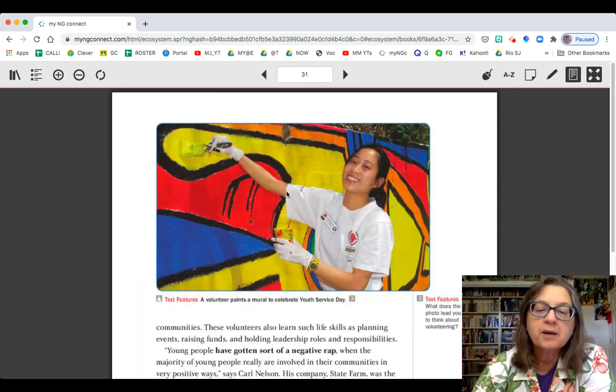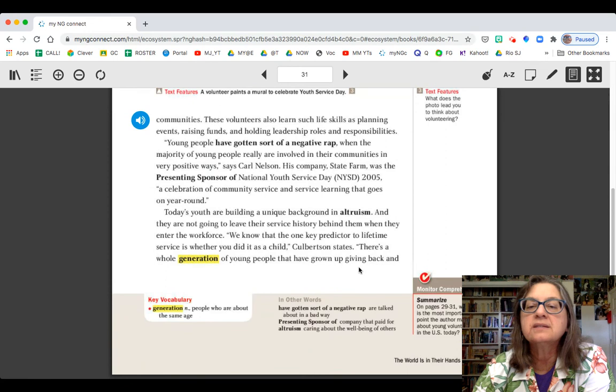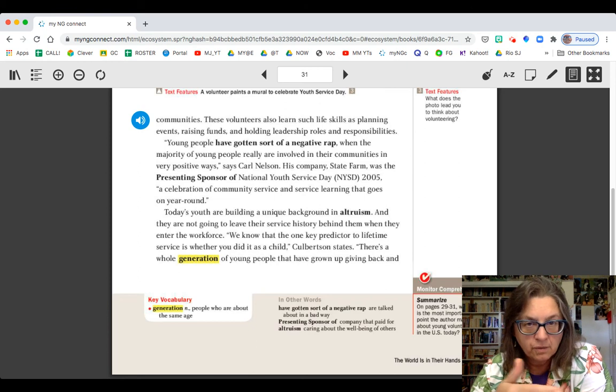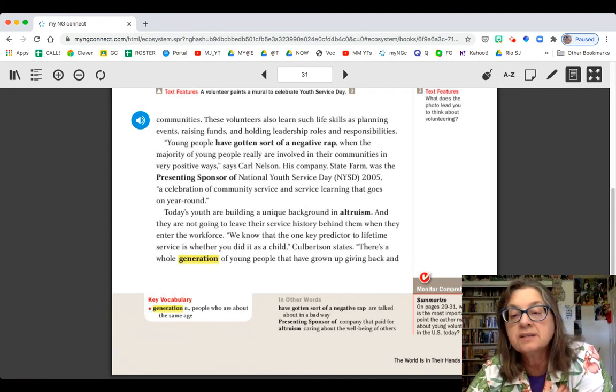So let's go back a page to look at this down here. To summarize, if you had to explain to somebody else what you'd learned so far in this article, how would you do that? On these 3 pages, what is the most important point that the author makes about young volunteers in the United States today?